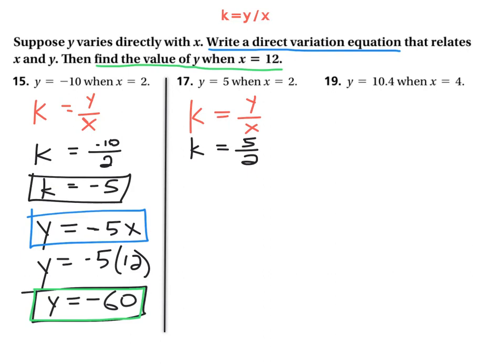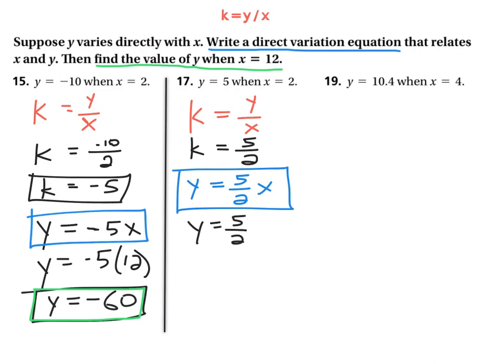So y is equal to 5/2 x. That's one answer that they want us to have. And then we're going to need to plug that back in. We're going to say y is equal to 5/2 times, what did they want us to use for x? Well, that's what's in green up there. They said use 12.